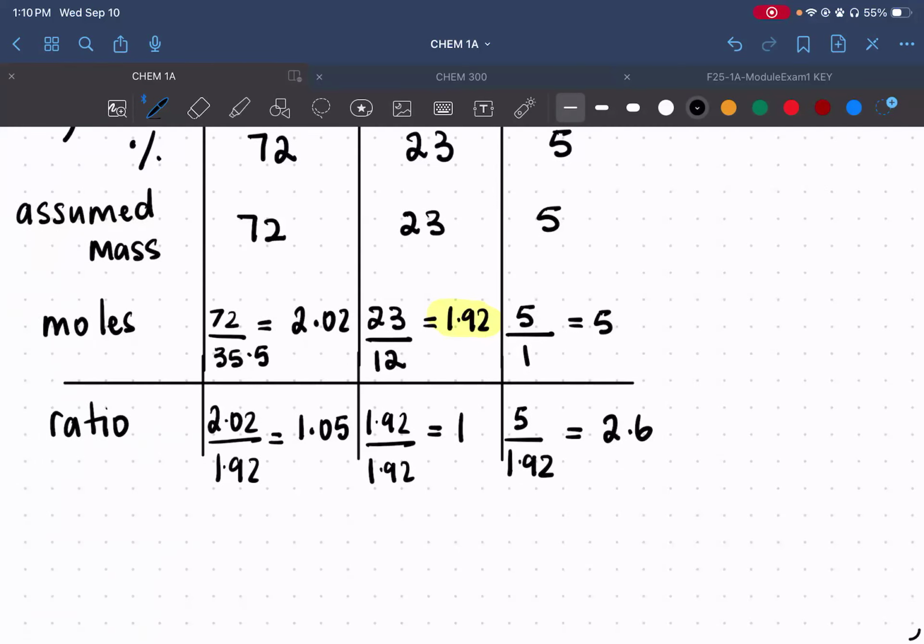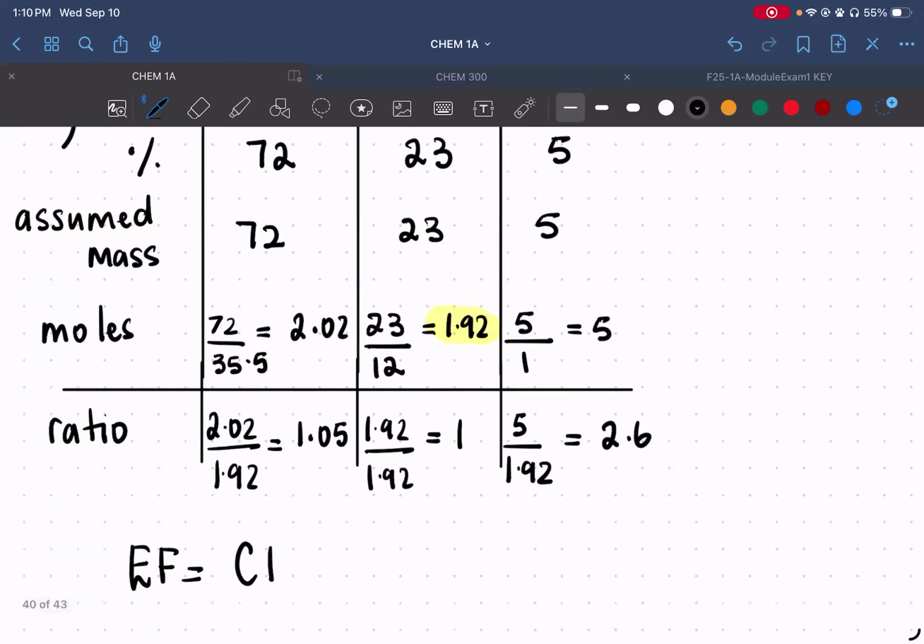Now that we have the ratio, we can say that the empirical formula has 1 chlorine. Remember, the ratio was 1.05. That's rounded to 1. There is 1 carbon. And for the hydrogen, there are 2, not 3. I did not round up for 2.6.